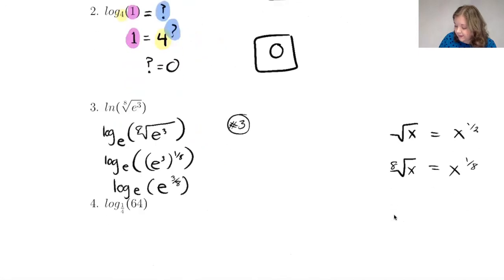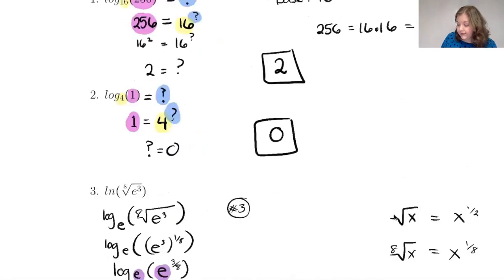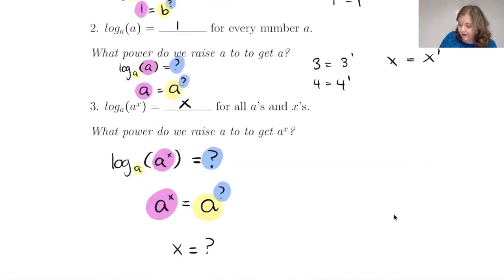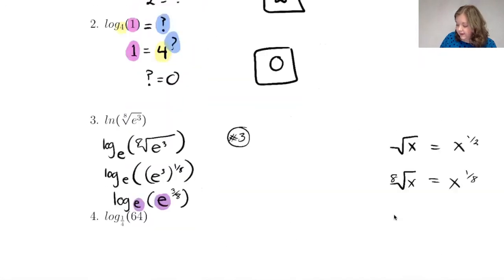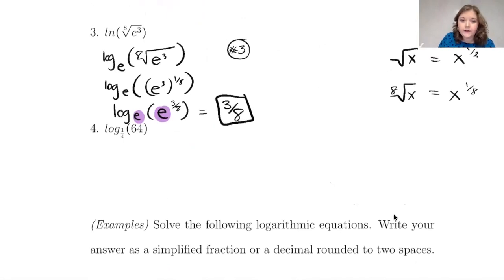So in this case, we have e and then e raised to a power, and our answer should just be that power. So log base a of a to the x equals x, and we just end up taking the power of whatever is on the inside. So log base e of e to the 3/8 is just equal to 3/8. So 3/8 ends up being our answer for number 3.